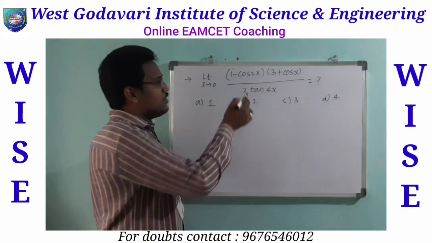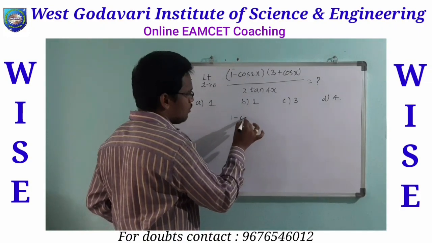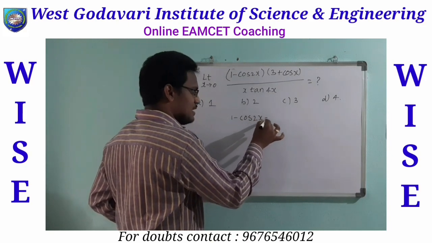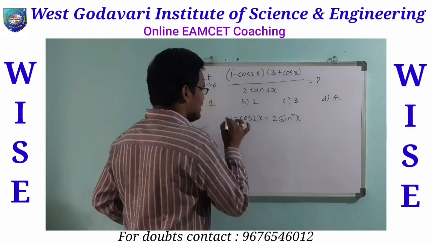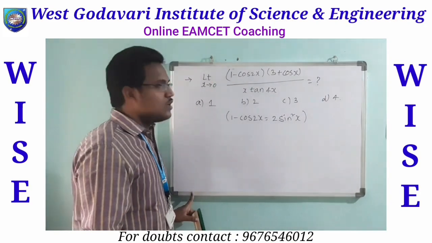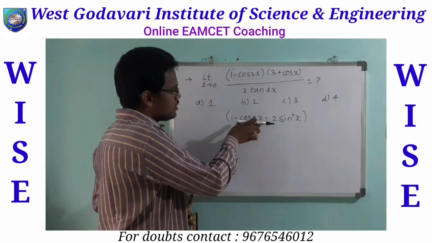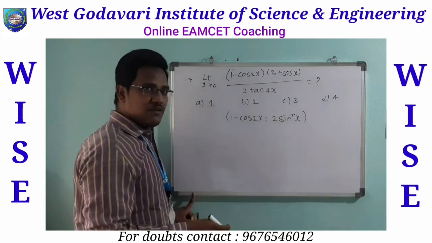Before that we know that 1 minus cos 2x is equal to 2 sin square x. This formula was studied in trigonometry. So substitute 1 minus cos 2x is equal to 2 sin square x in the above equation.